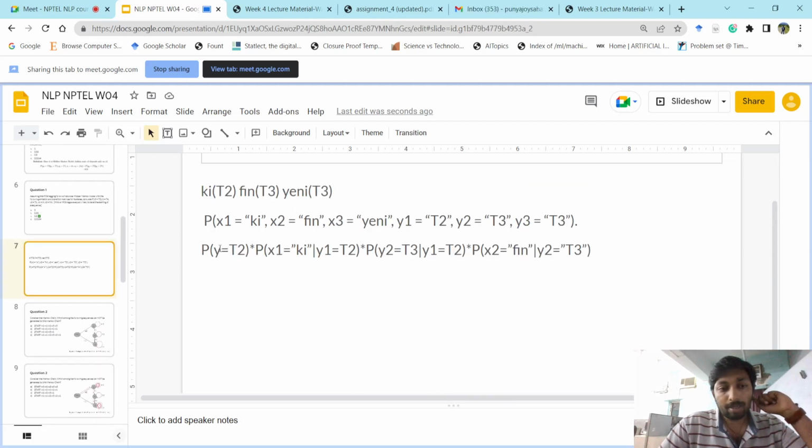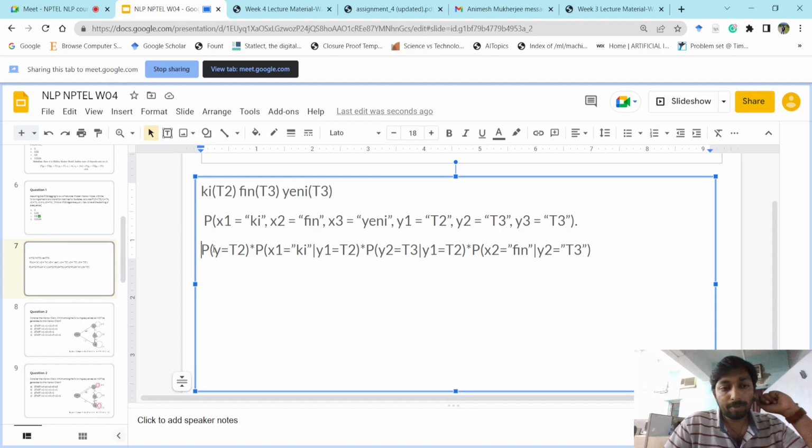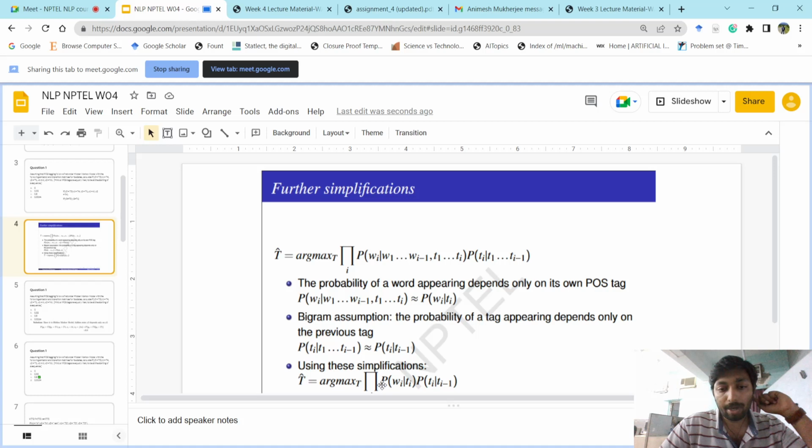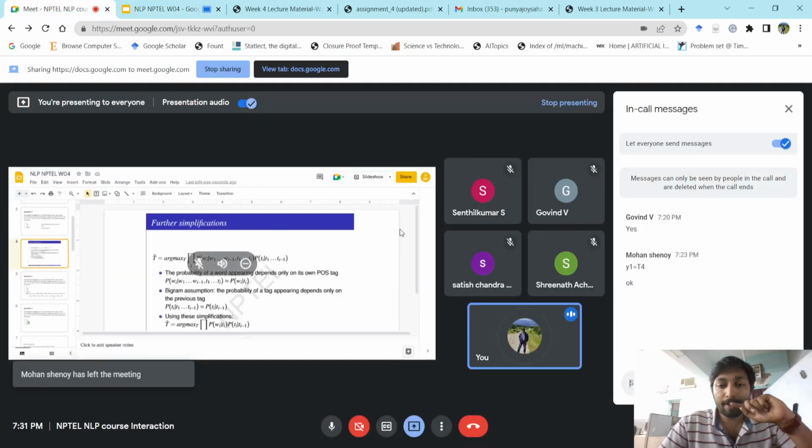Anyway, this is the basic formula: P(wi|ti) times P(ti|ti minus 1). Do you have any questions regarding this?